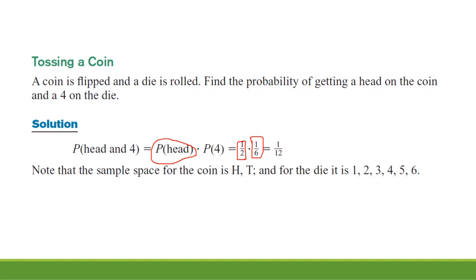So the probability of getting a head and a 4 is equal to 1 over 12. Note that the sample space for the coin is H and T, head and tail, and for the die it is 1, 2, 3, 4, 5, 6.